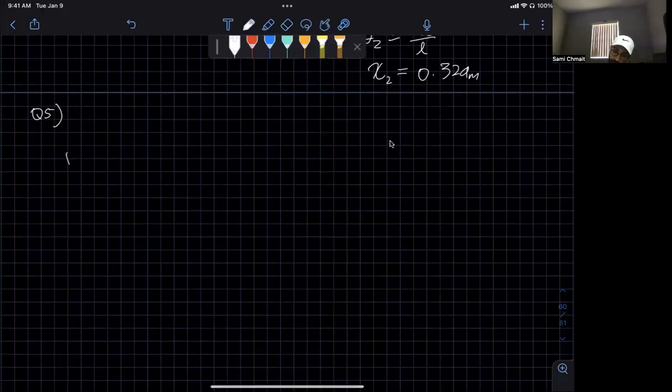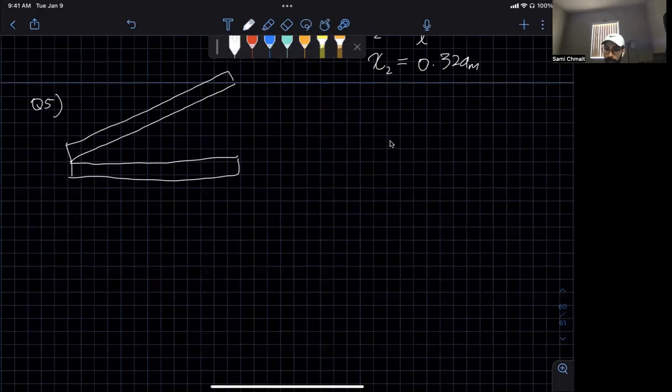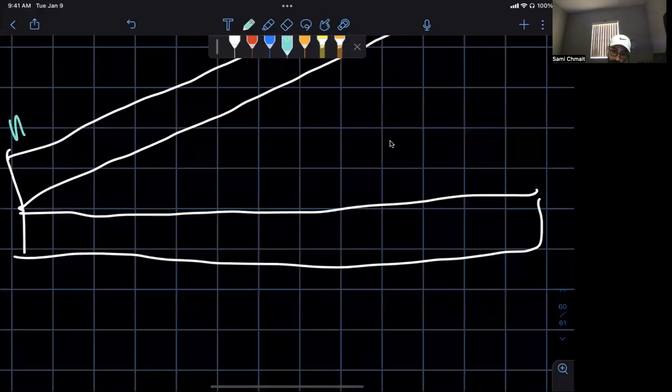We have a situation where we have two rectangles. Try to not make my drawing look horrible. Okay. And let's label our indexes of refraction. And inside here is n equals 1.15.